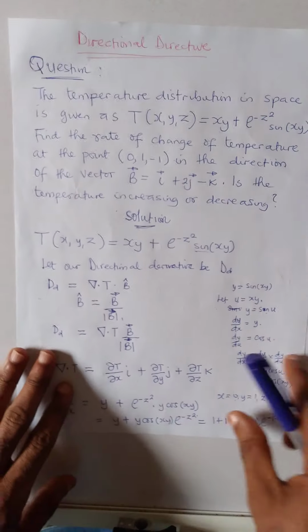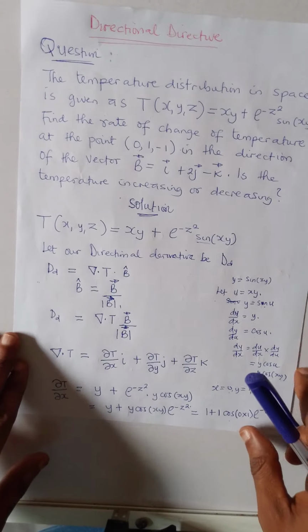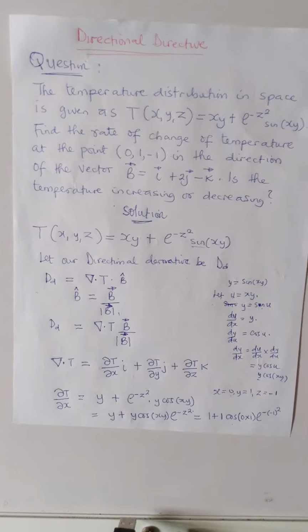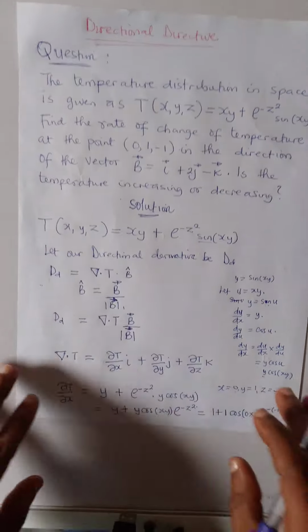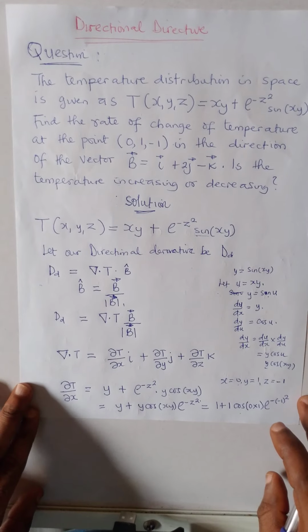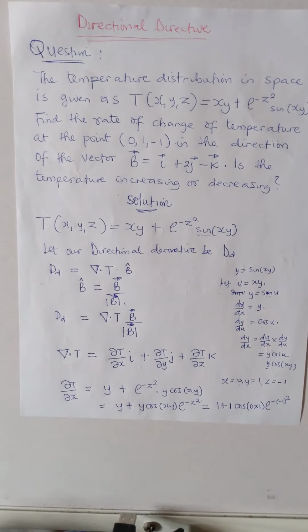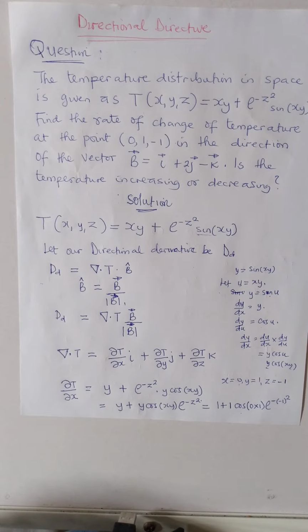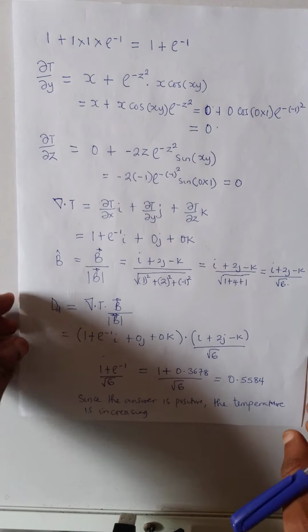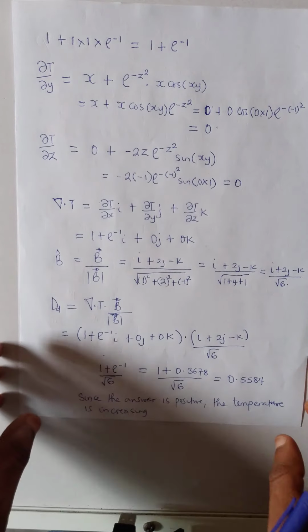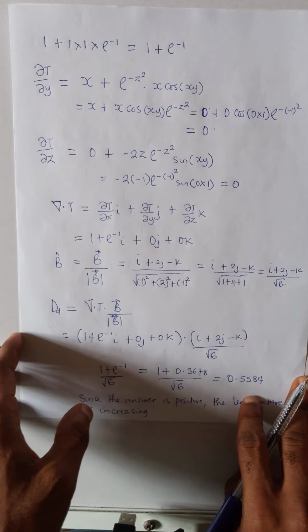So viewers, basically, this is how to go about solving a problem on directional derivative. This is the solution to that problem. This is the continuation to the end of the problem.